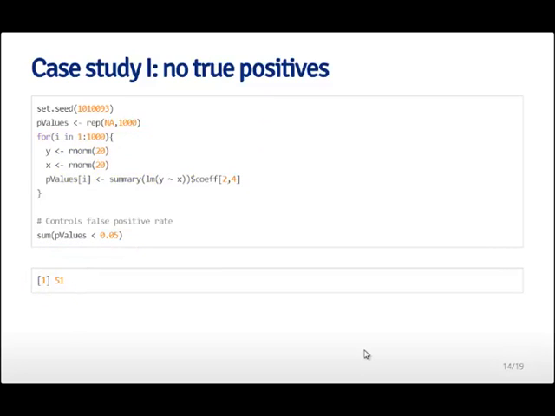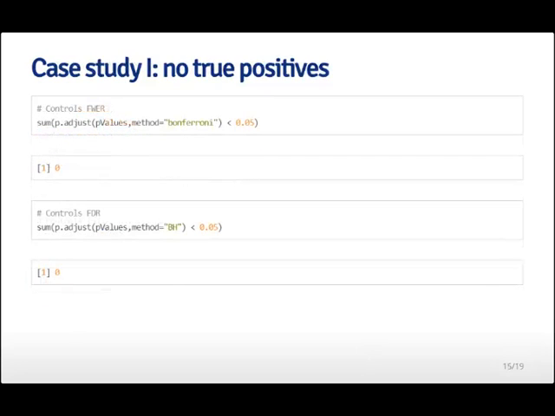So what happens if I adjust the p-values and apply the family-wise error rate or the false discovery rate correction? I can use the p.adjust function in R. I apply p.adjust to the p-value vector that I calculated, which has all of the p-values from all 1,000 different studies.